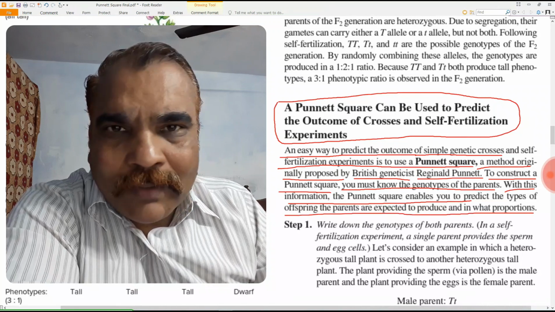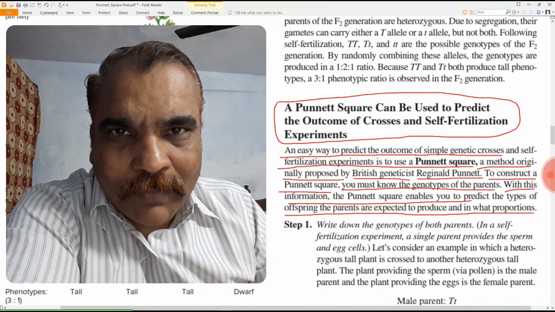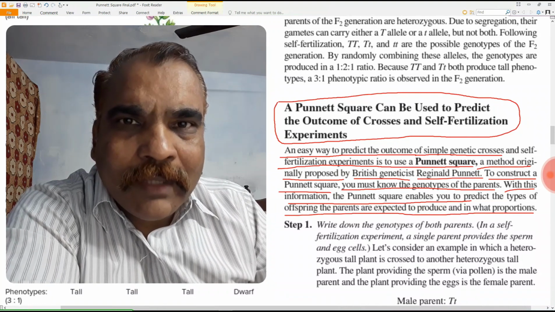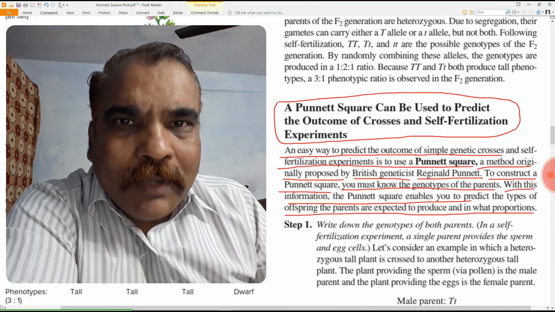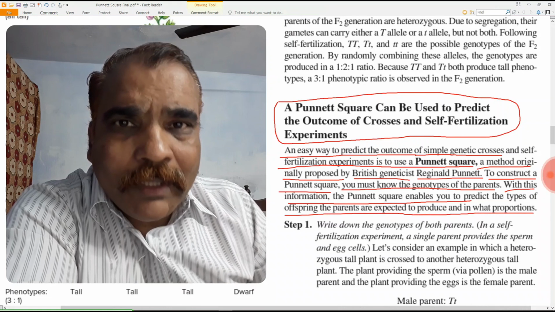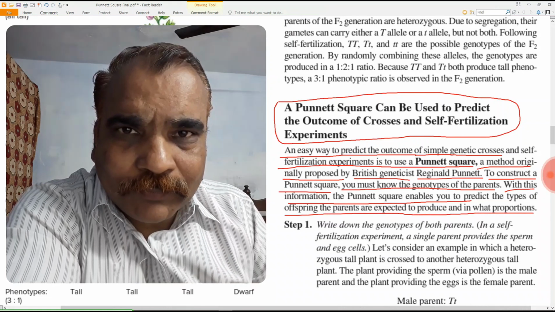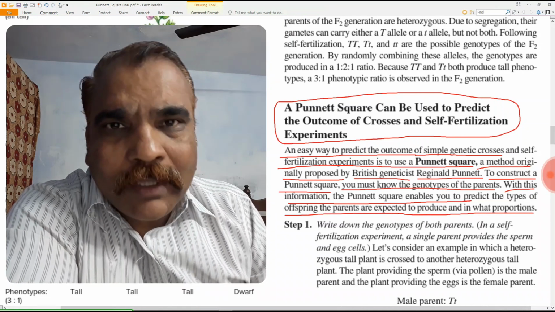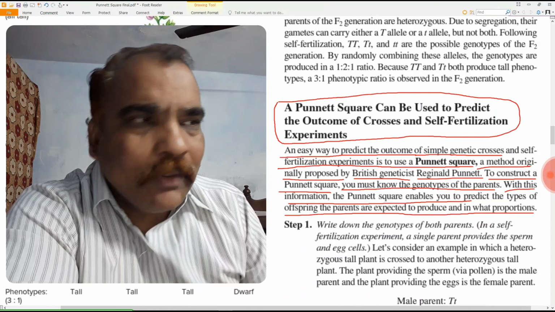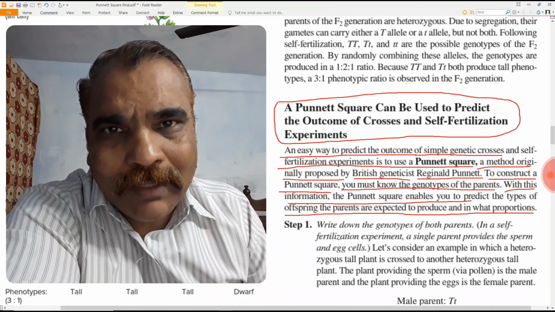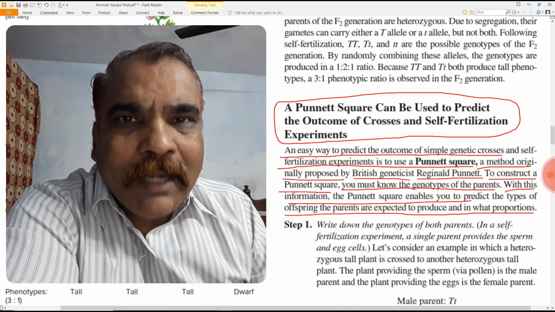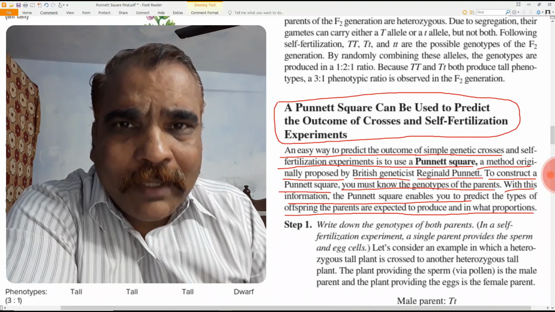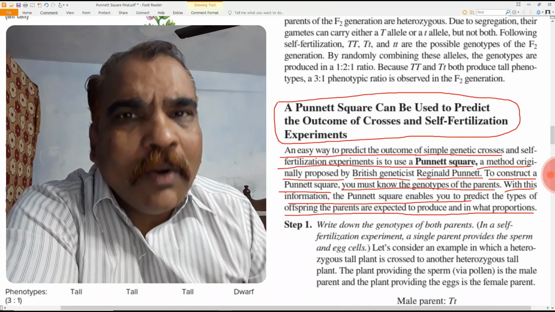So once you know the genotype of the parent and you make a Punnett square, with the help of it you can calculate the genotypic ratio and the phenotypic ratio for a particular character or trait. This is the usefulness of the Punnett square, that you can find out the genotypic and the phenotypic ratio of the offspring.